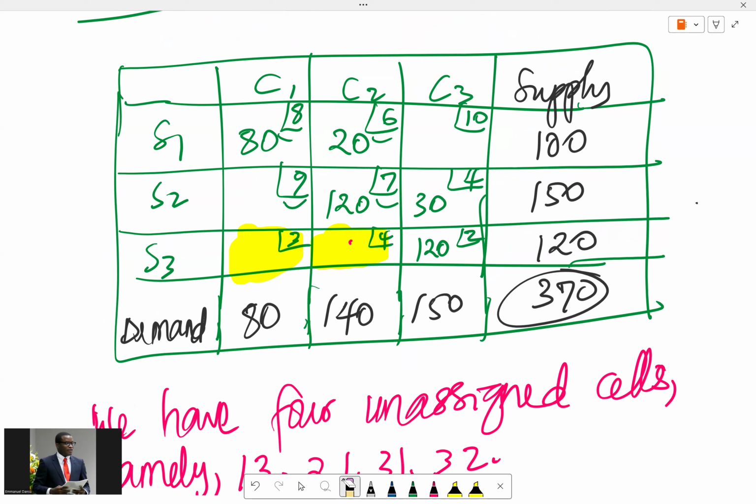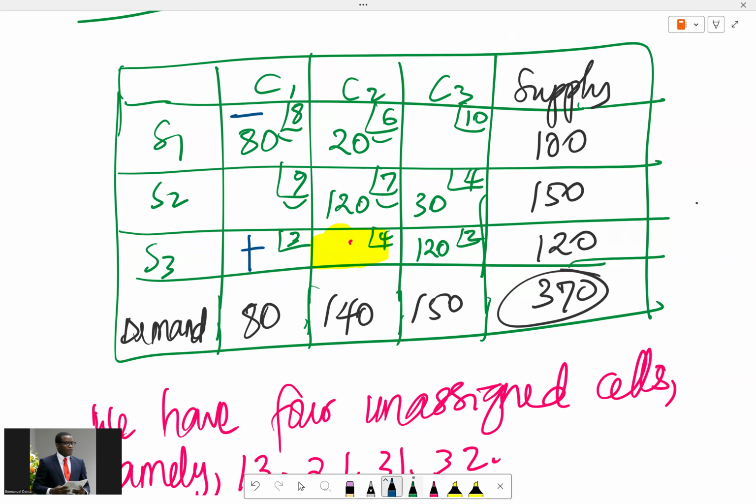So the focus is on one unassigned cell, and every other cell has to be assigned. So this is the new cell we're focusing on now. If you add 1 here, since 1 was assigned here, you cannot do minus here because there's nothing assigned. There's nothing to subtract. We can only subtract from where something is assigned.